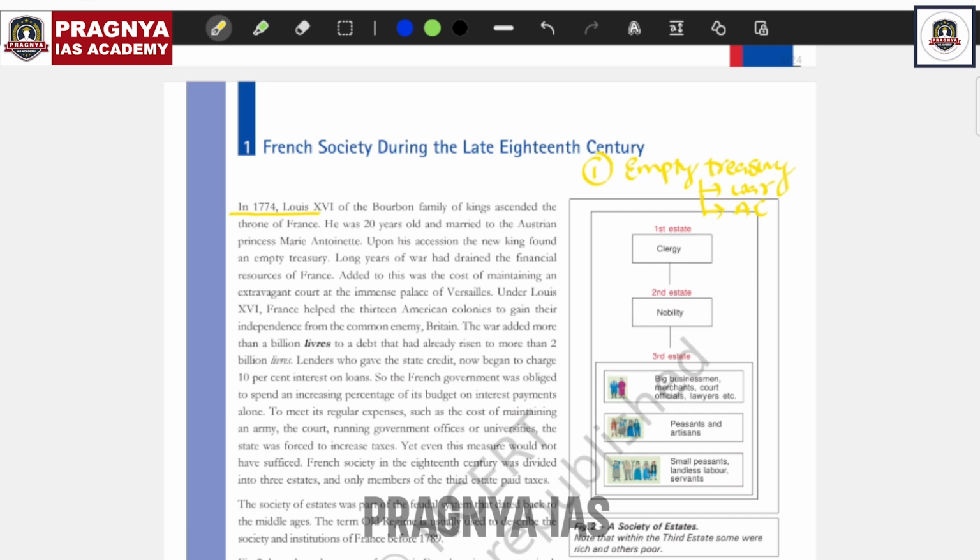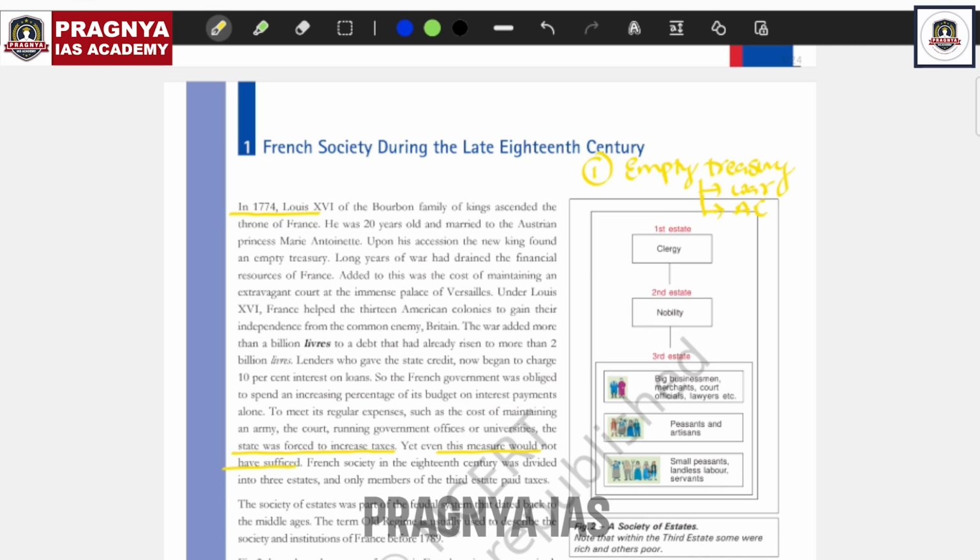Because of these reasons, the state was forced to increase the taxes. Yet even this measure would not have sufficed. French society in the 18th century was divided into three estates, and only the third estate paid taxes.